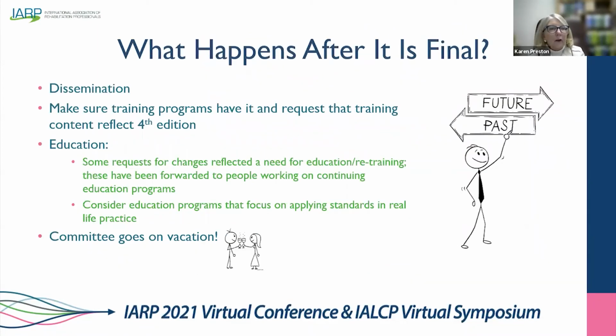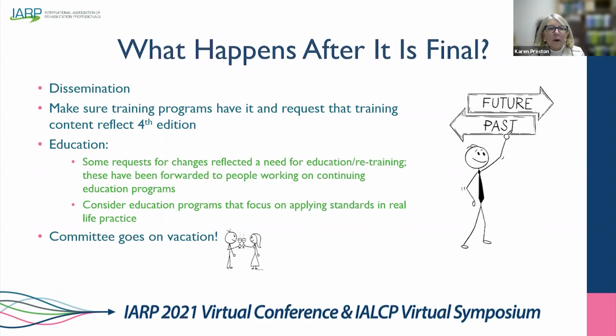And after it's final, it's going to be disseminated. We'll send it out to everybody that we can. And again, through the same avenues for the surveys that have gone out and the invitation to the field review. We especially want to make sure that all of the training programs have it, and we'll put forward a respectful request that training programs consider modifying their content to make sure that it's in alignment with the 4th edition.